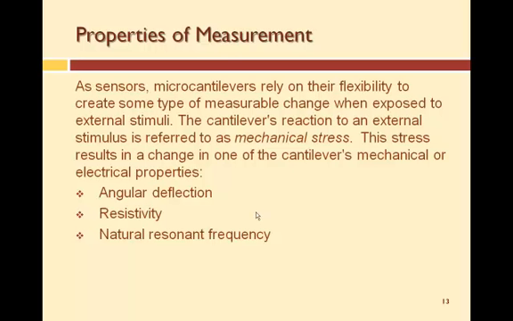So I'm going to pick up a meter stick, and if you imagine a coating on the top of the meter stick, and the coating wants to expand, right? It wants to be longer than the meter stick, so it's going to bend. So it's going to bend away from the coating.